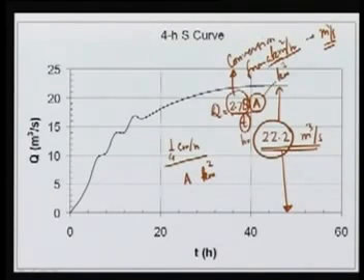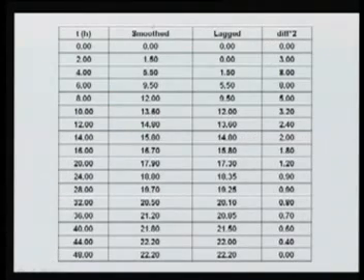So once we get this S curve, you can notice here that this is not a very smooth curve, and what we would then do is some kind of smoothing to get a smooth S curve hydrograph, and we will use this smooth curve to obtain the unit hydrograph for any other duration.